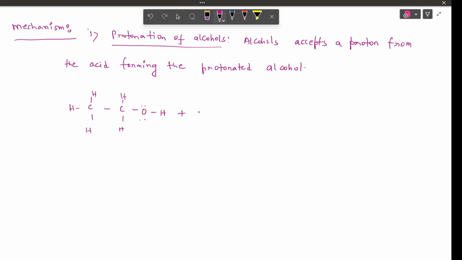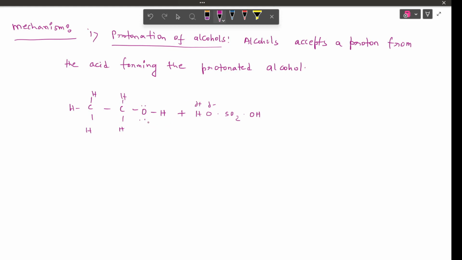So let me write H2SO4 in this manner. This is HOSO2OH. Okay. See, this is H2SO4. So here what will happen? Oxygen is more electronegative, so it will be delta minus, and this will be delta plus.